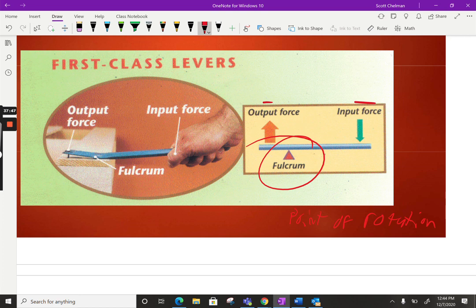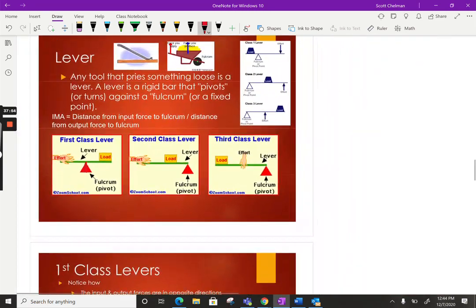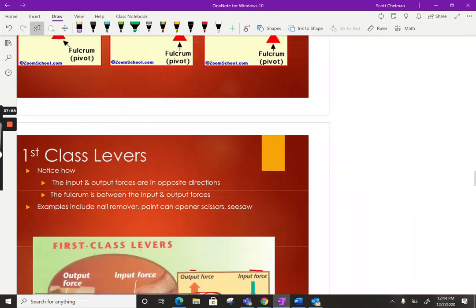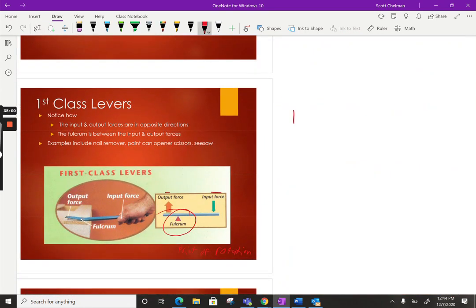And how do we make a first class lever better? Remember that the ideal mechanical advantage is based on the distance, and we'll write this over here: input to output distance.